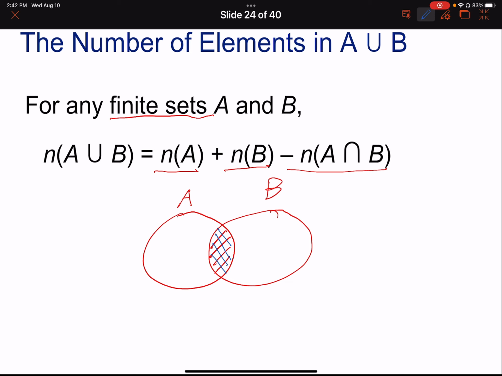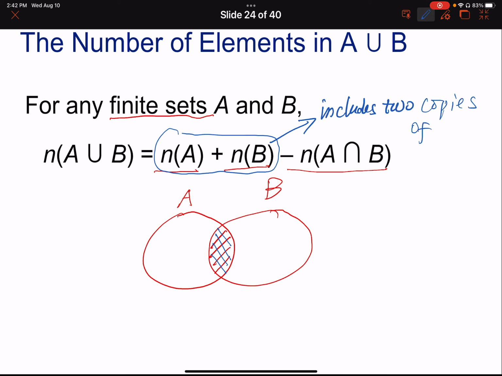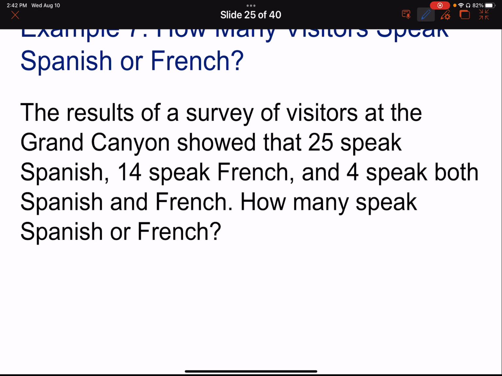So when you add the number of elements of A to the number of elements of B, this includes two copies of A intersect B. Therefore, you double count the number of elements in the shaded area, A intersect B. So you need to subtract one copy out to get the exact count of elements in the union. Fairly simple.